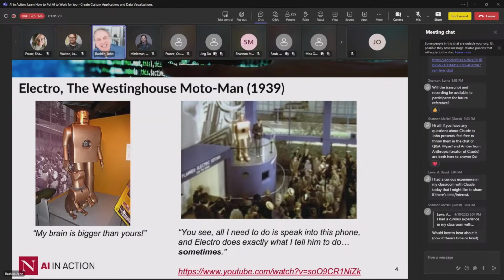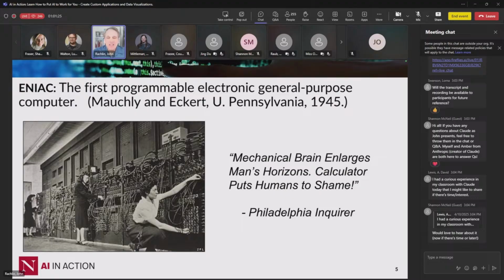And in the days of the ENIAC, the first programmable computer, this again created enormous astonishment. It was considered a mechanical brain enlarging man's horizons. And yet we know now that the ENIAC is far less powerful than a simple handheld calculator.